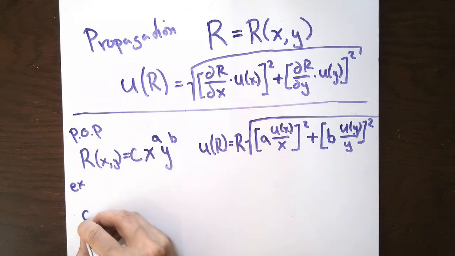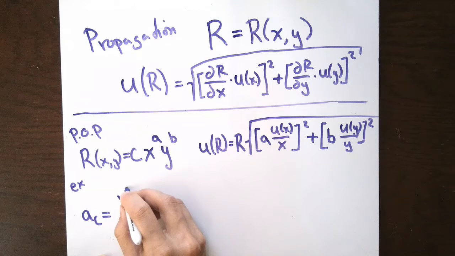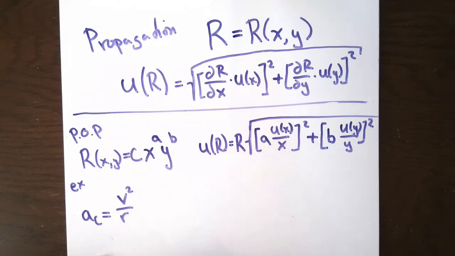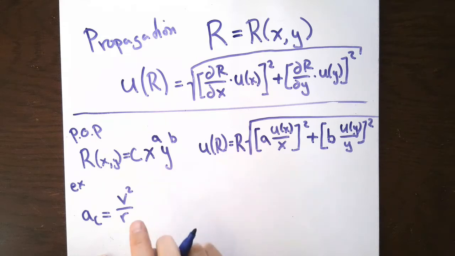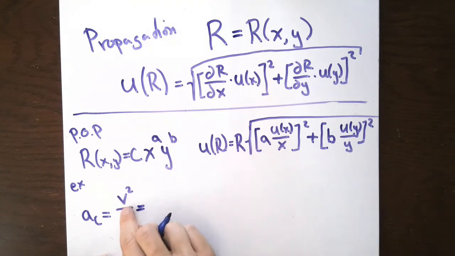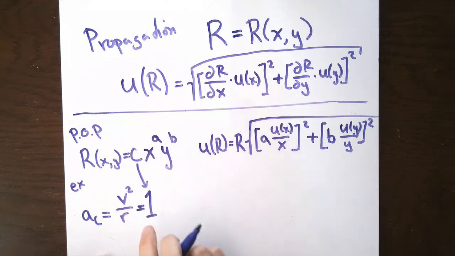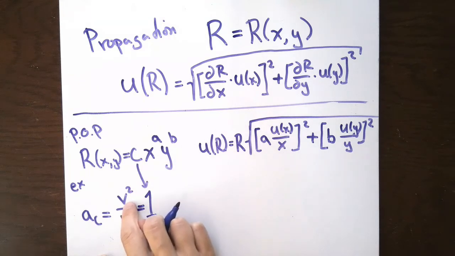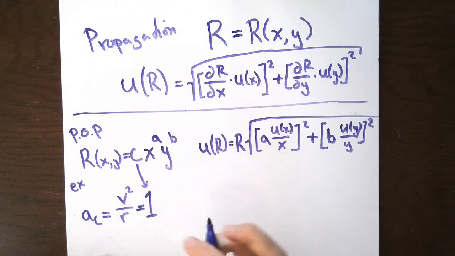An example might be the centripetal acceleration. It depends on the speed squared divided by the radius, and we can rewrite this in exactly this form. So first of all, do we have some constant that doesn't have uncertainty that we're multiplying by? Well, sort of, I guess 1. So it doesn't usually show up, but c in this case is 1. And let's make our speed, this first thing, this x, the first thing that's got uncertainty.